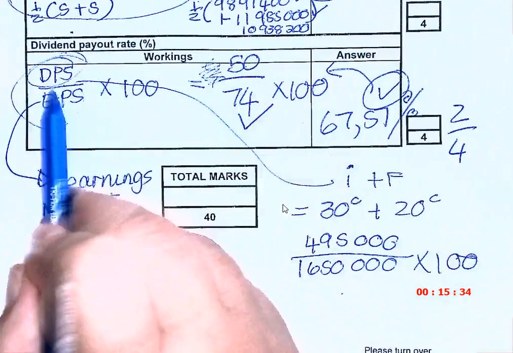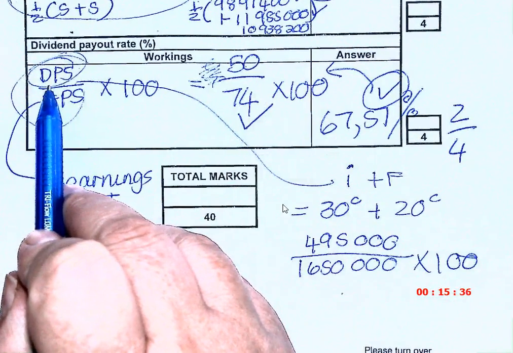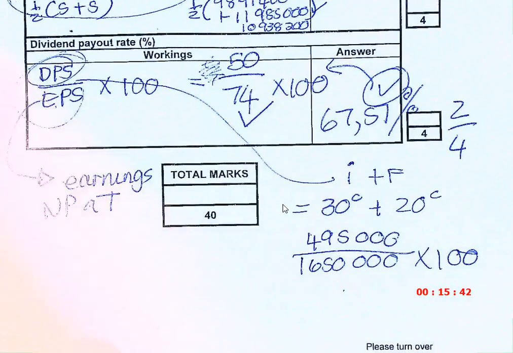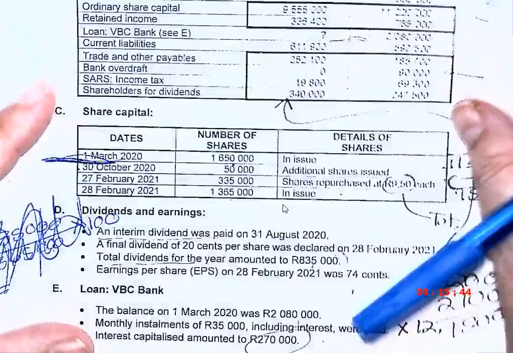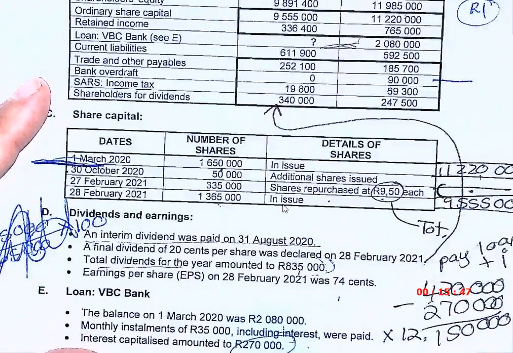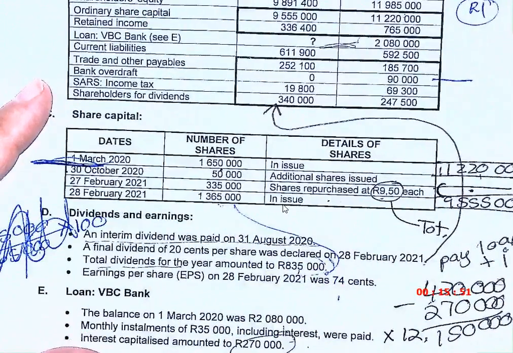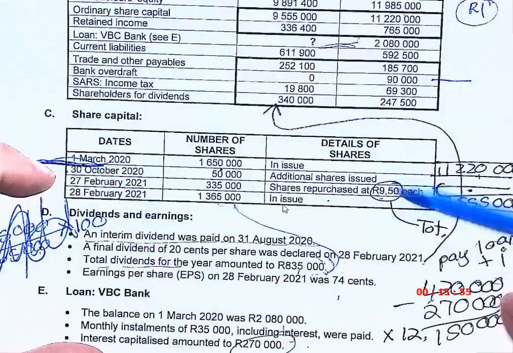I want to know what's my DPS. Now, what is your DPS? It's your dividends per share. Now, if I look at my shares, I can't just take the total dividends and divide it by the issued shares. Because during the year, there were additional shares issued.